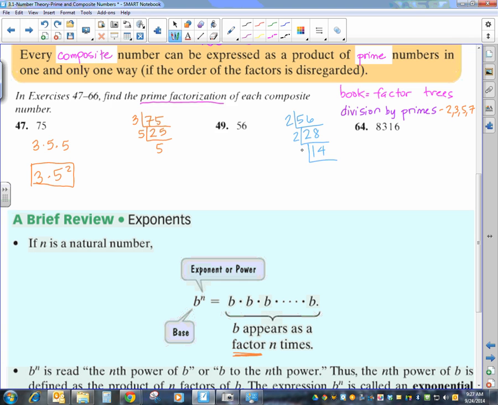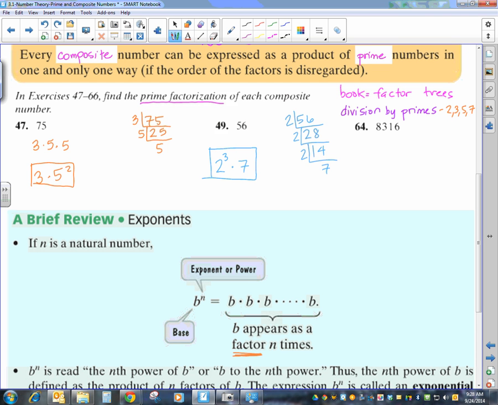Again, even number. 2 goes into 14 7 times. I've gotten to a prime number, so there's my prime factorization. So this would be, how many 2's do I have? I have 3 of them, and I have 1 7. So that is my prime factorization.